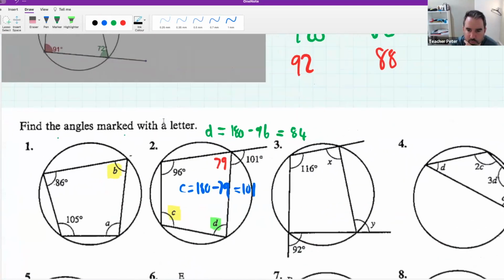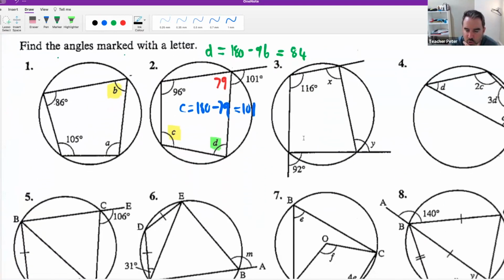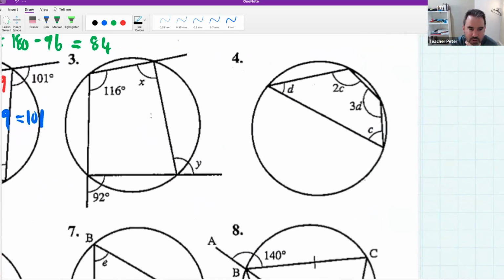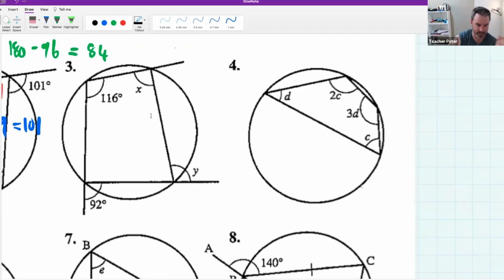Okay, so let's go back to question 3, which I went away from because of not being able to show you that theorem yet. Find me the value of angle X and find me the value of angle Y in this question. What is that going to be?